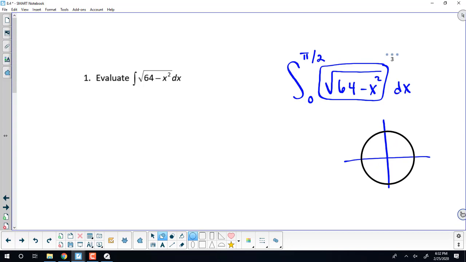Right, because this is what we have boxed as y. Square both sides, we have y squared equals 64 minus x squared. Put x squared and y squared on the same side. So it's saying from 0 to pi over 2. All it's asking for is the area of a quarter of a circle. We could totally find that without calculus.